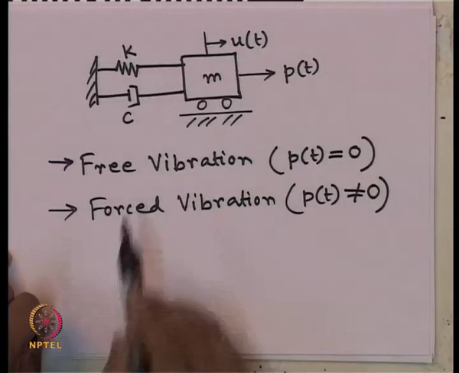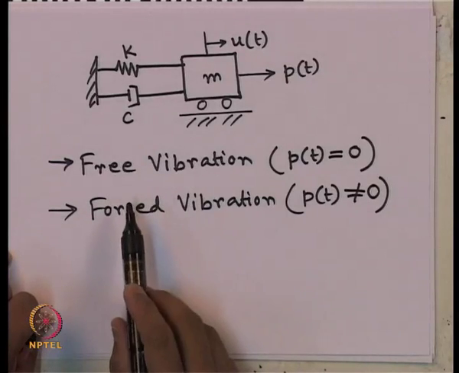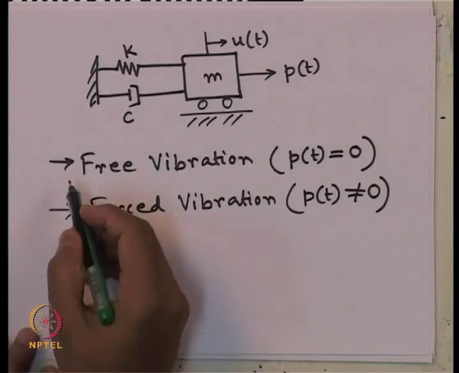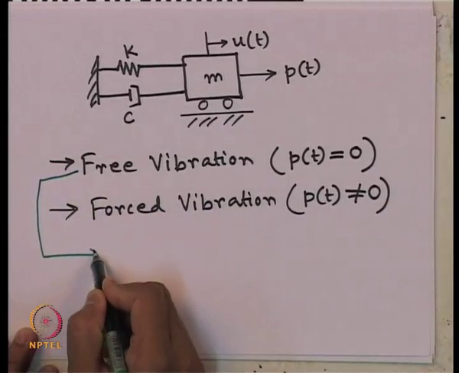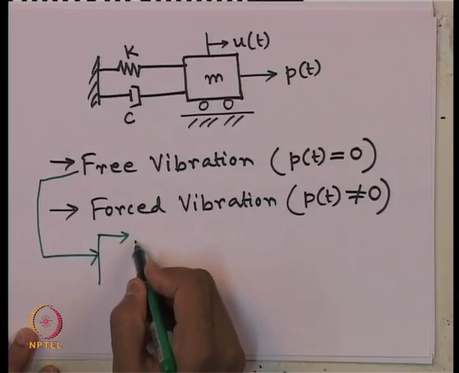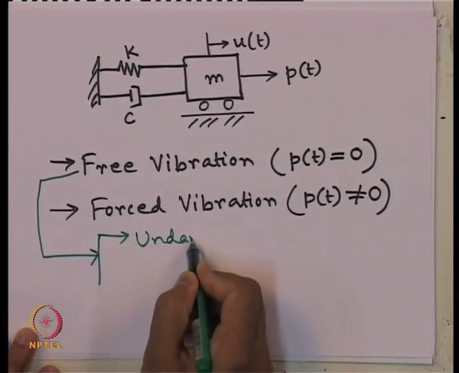Now, within each of them we can again have 2 separate subcategories. Within free vibration we can have 2 categories. One is undamped.